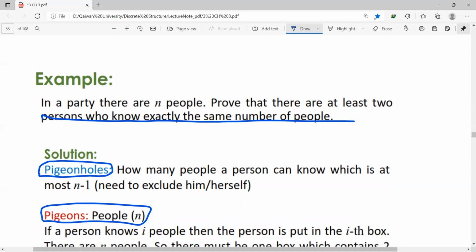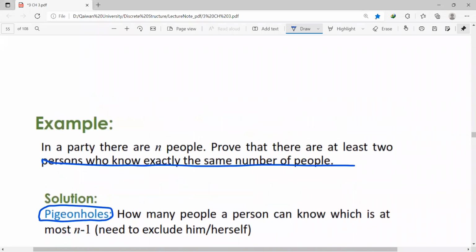Why? Because if you have 4 people and each one knows the others, each of them knows 3 people. So in that example, the pigeonholes is 3.